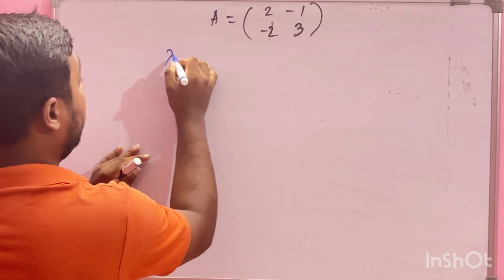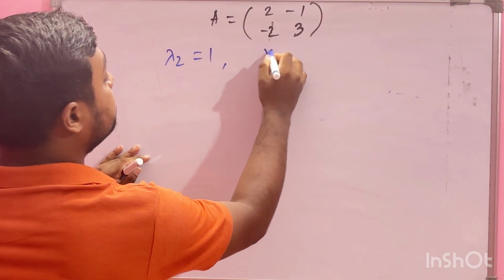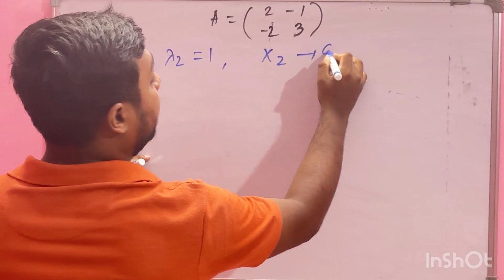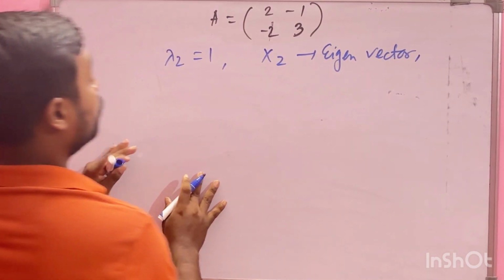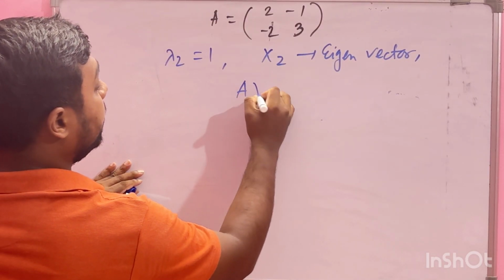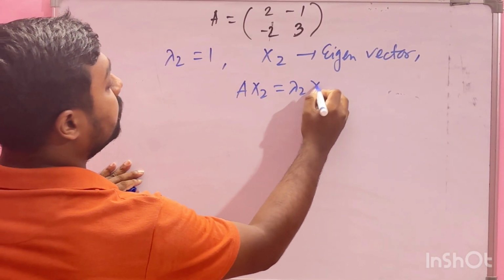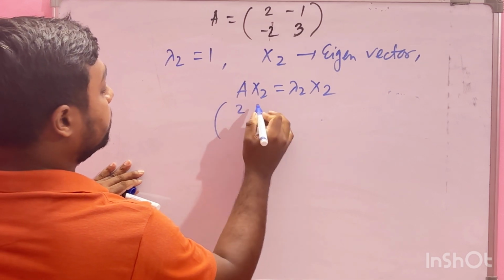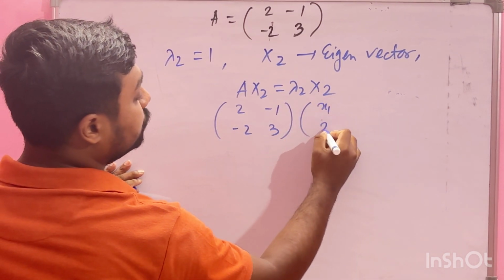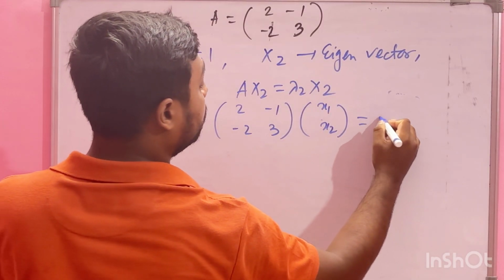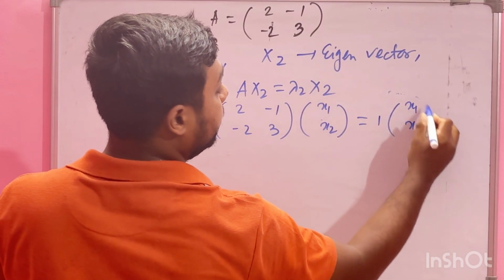For the second eigenvalue lambda 2 = 1, suppose X2 is the eigenvector here. So from this, A X2 = lambda 2 X2. That means [2, -1; -2, 3] times [x1; x2] equal to 1 times [x1; x2].